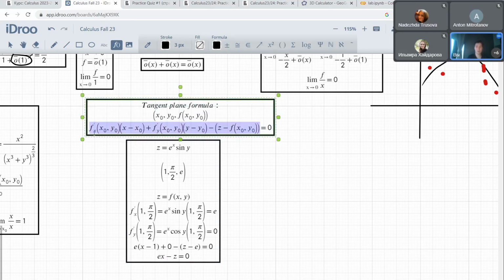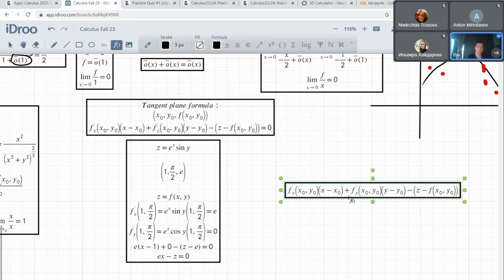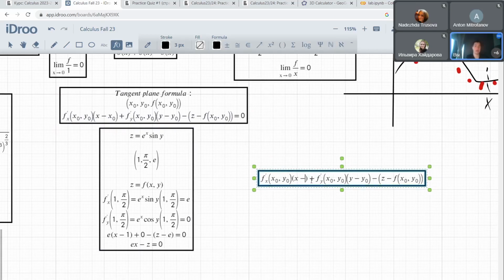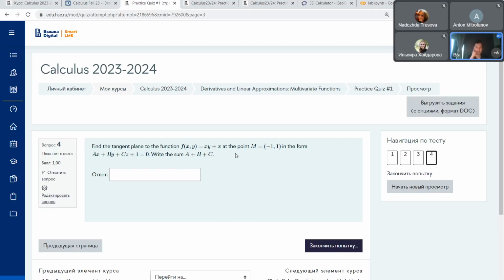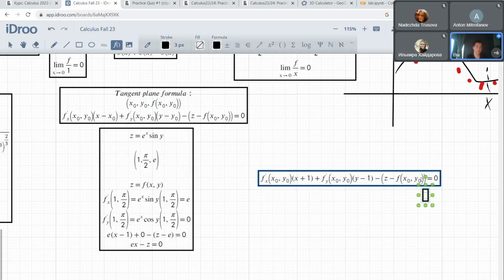Here x is -1, y is 1, the value of the function equals -2. So you'll have something like +2 here.